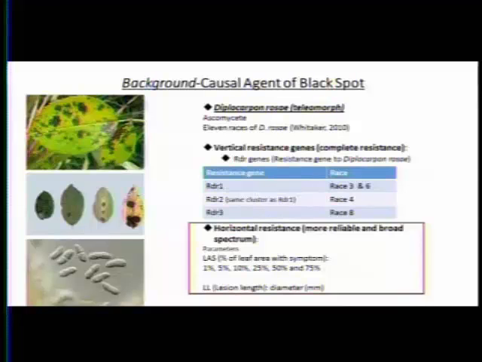If you have this vertical resistance mechanism, your host is completely resistant to the disease, which means it prevents the whole infection.